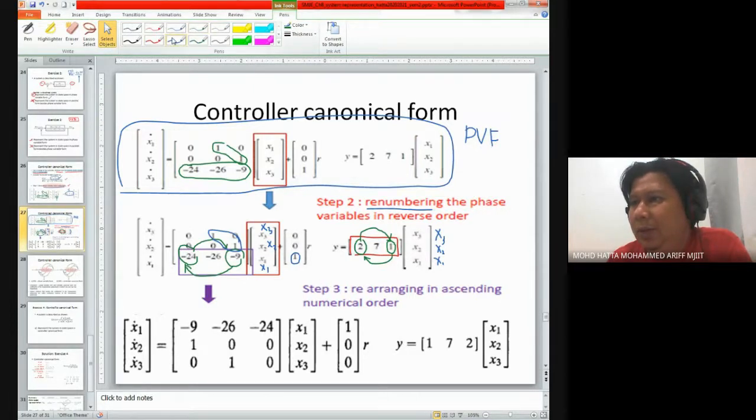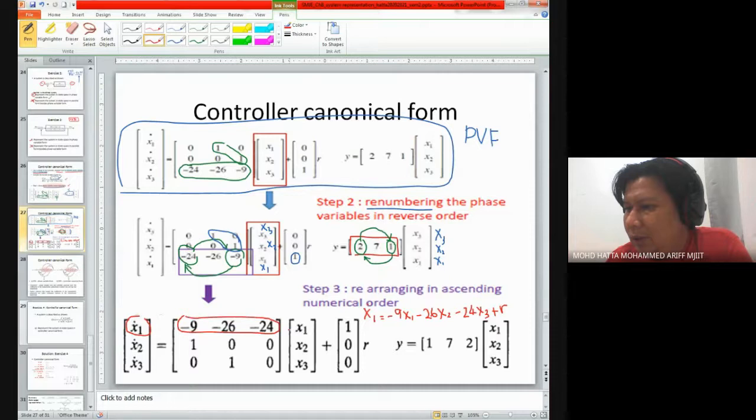For example, let's say I consider the first differential equation, which is x1 dot equals negative 9 x1 minus 26 x2 minus 24 x3 plus r. So this equation comes from the solution of these elements.